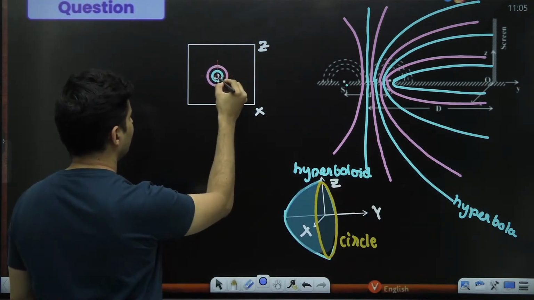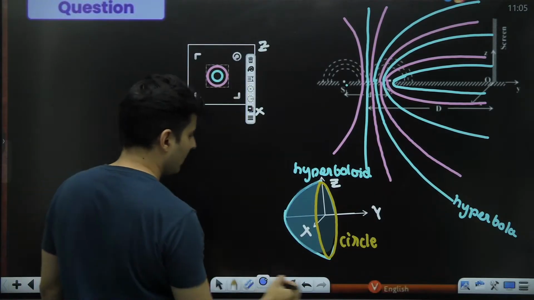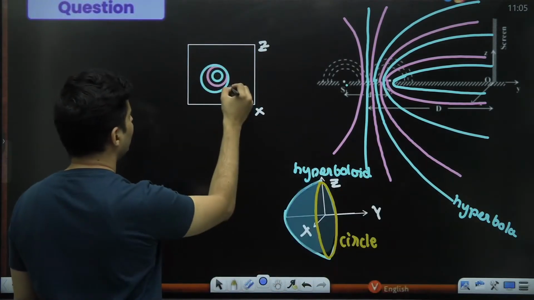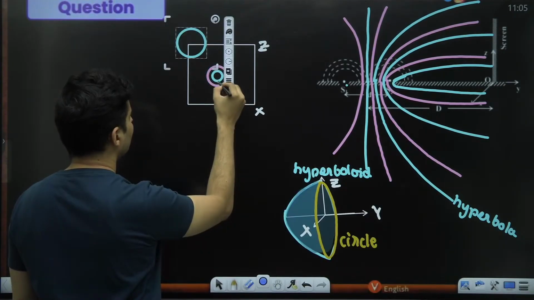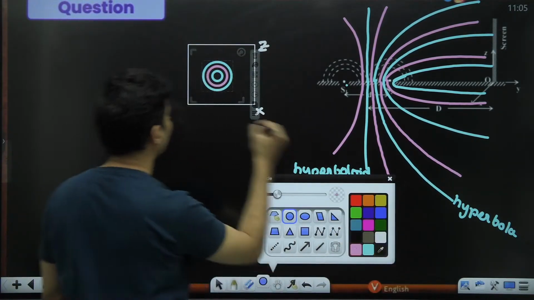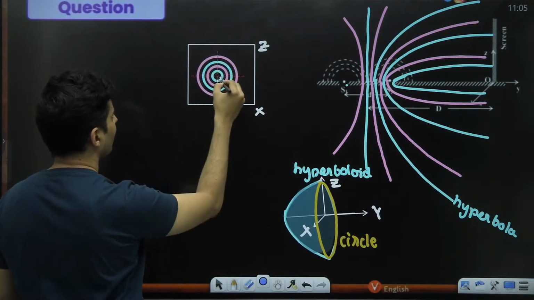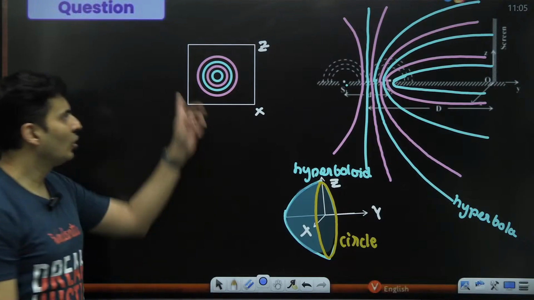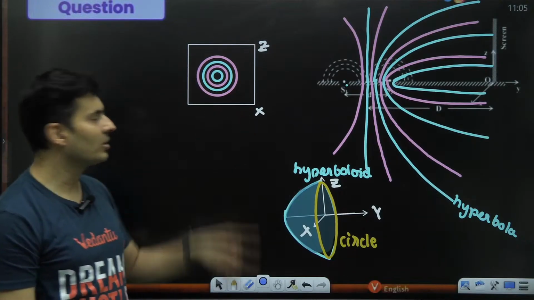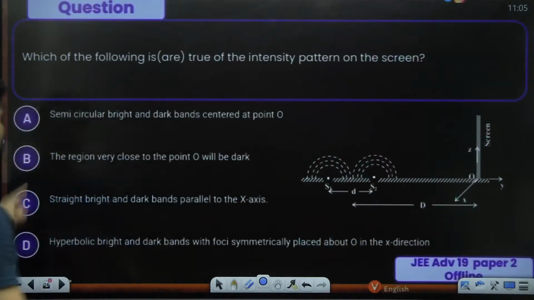Then again, you will see maybe a bright like this, and then again something dark like this. Concentric circles. This is what you are going to see on the screen. Is this understood?